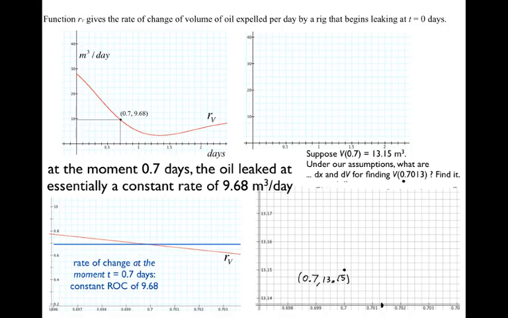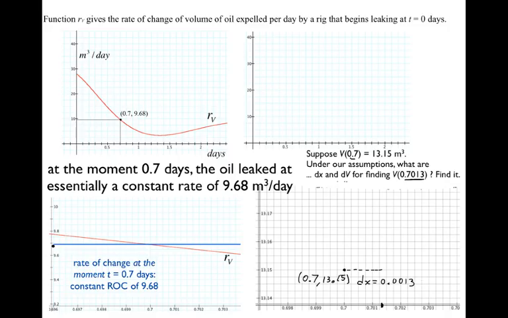So x final is the independent variable's value there, and x initial is the independent variable's value there. So dx is final minus initial, or just how far you change from 0.7 to 0.7013. Lots of you got that, good. Okay, and then what are we assuming?